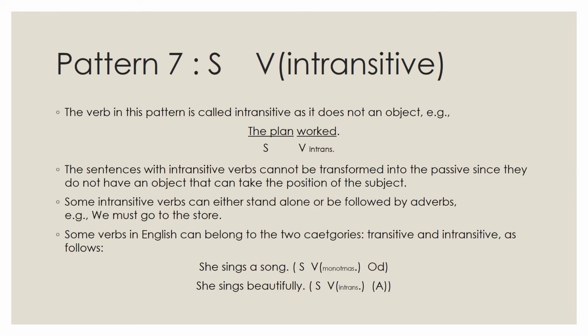That's why the second sentence belongs to pattern number 7, because the verb is what? Intransitive. And as you see, I put beautifully between two brackets to say that it is what? An optional element.